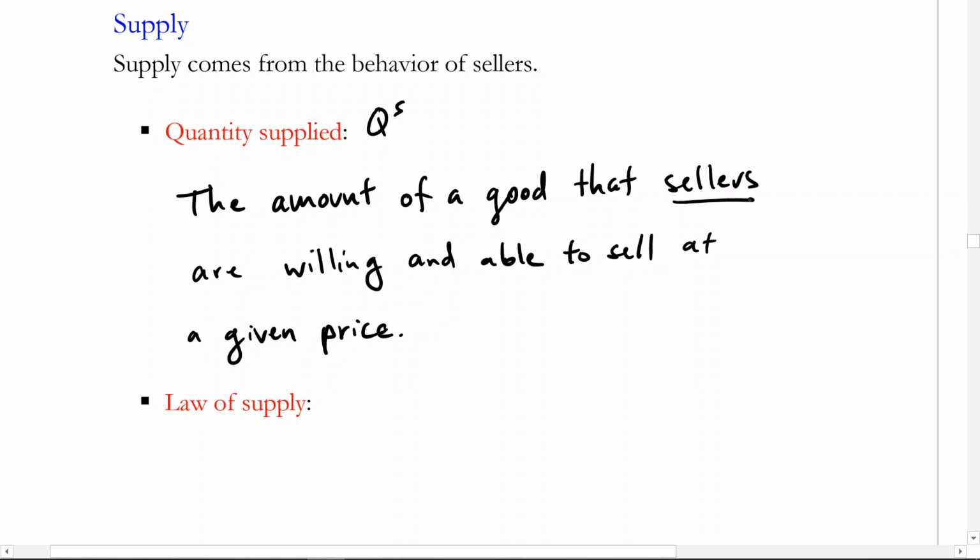But again, we are talking about the sellers, and just like with the demand side, this has to be both willing and able.